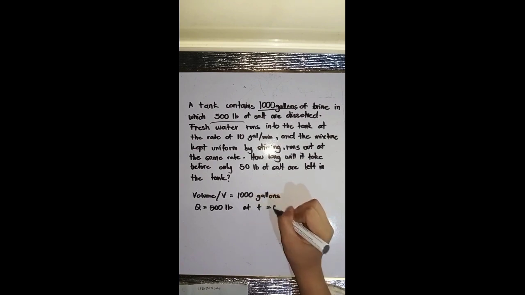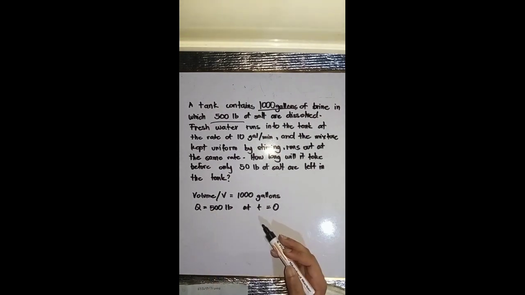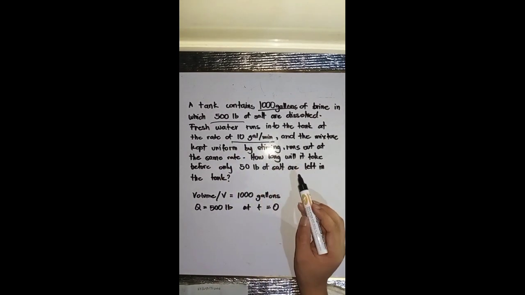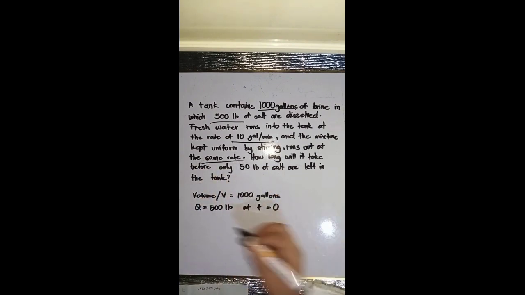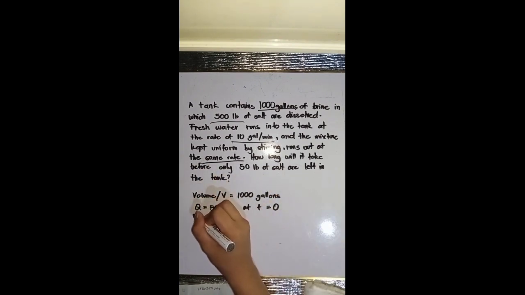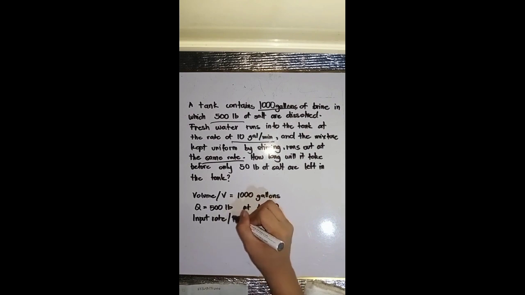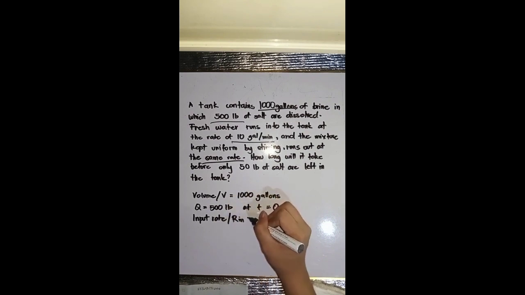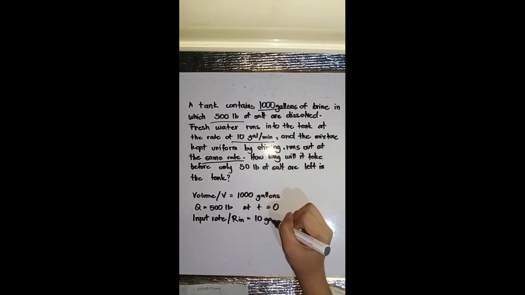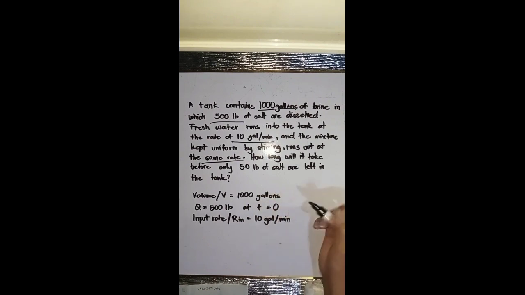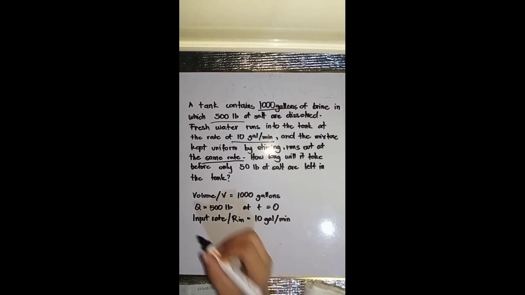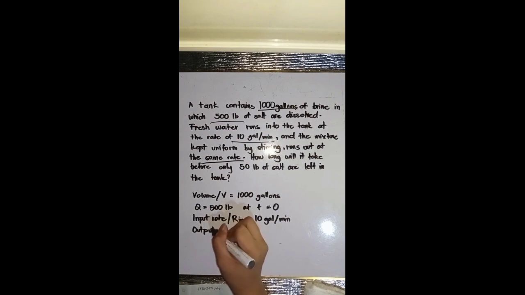Then fresh water runs into the tank at the rate of 10 gallons per minute. So the input rate, or R in, is equal to 10 gallons per minute. The output rate is the same as the input rate, since the mixture was kept uniform by stirring and runs out at the same rate.